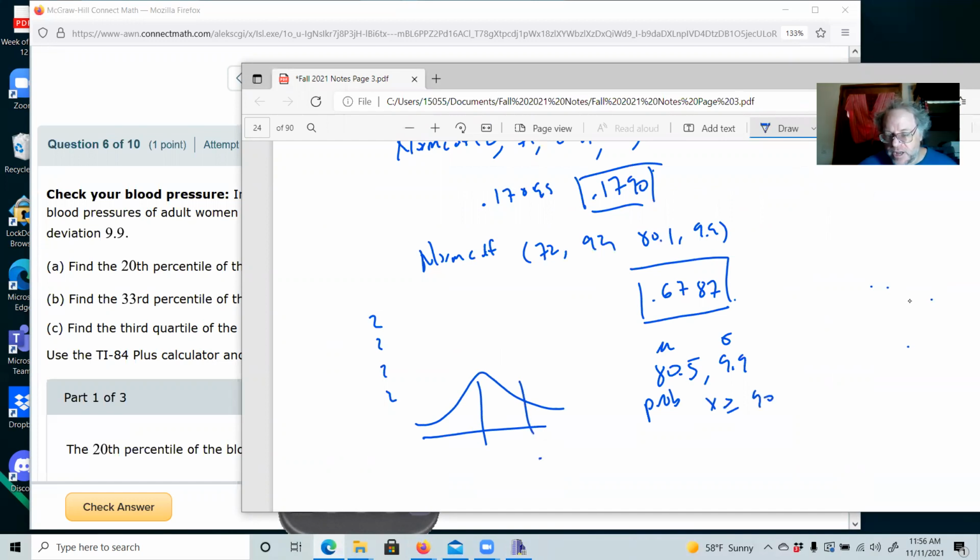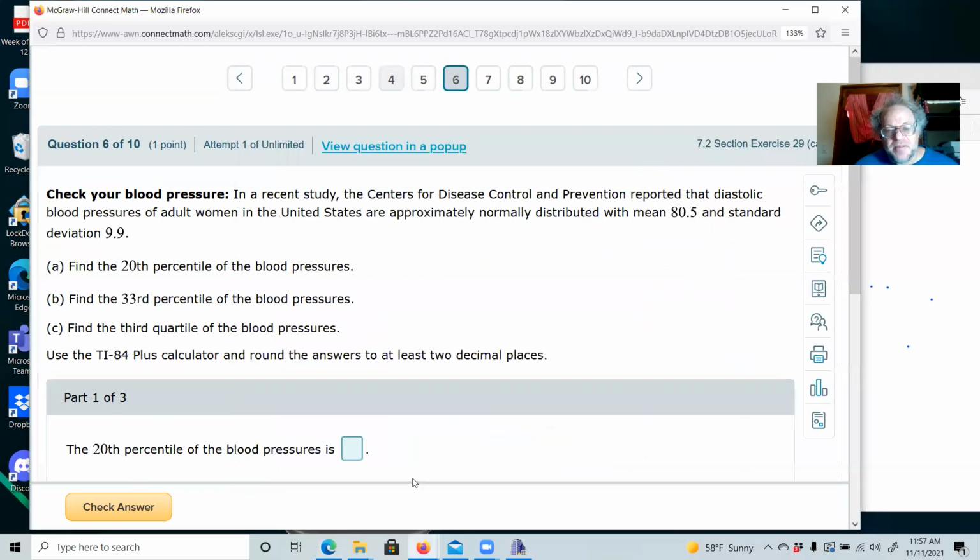We go up here to 90. Pick a ridiculous number for a high blood pressure. If you have a blood pressure of 1,000, you probably have some bigger problems than worrying about this. I don't even know if that's possible. You probably would have popped. Okay, so there we go.